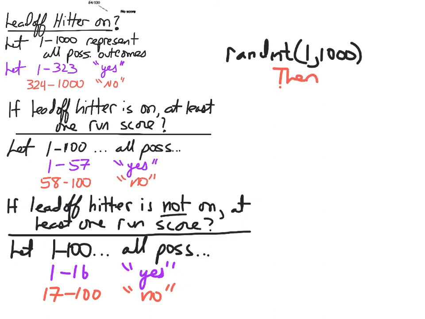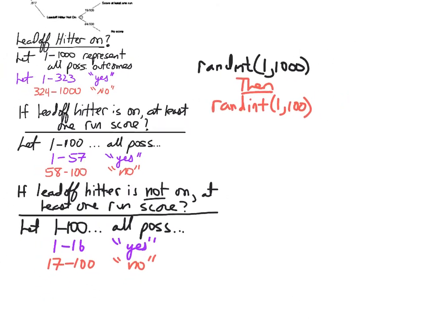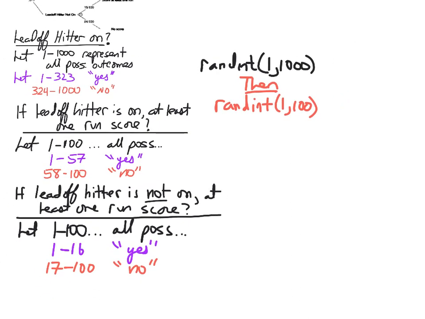Then a random integer going from 1 to 100. This whole setup here is telling me what I should be on the lookout for.